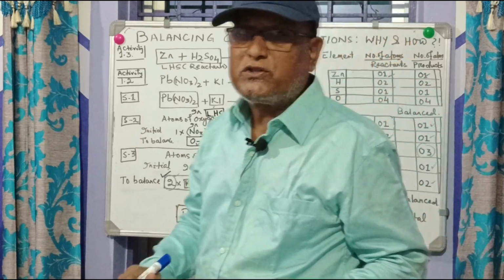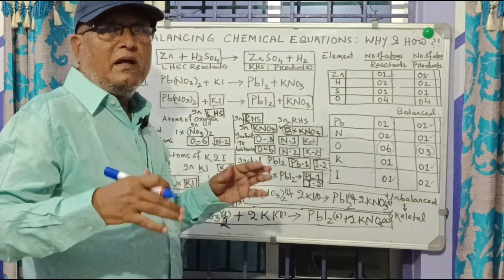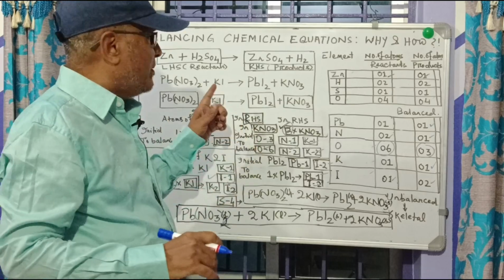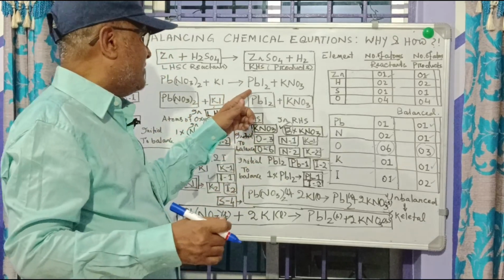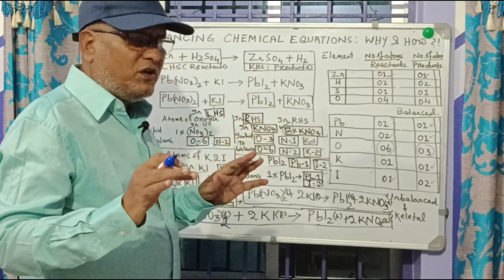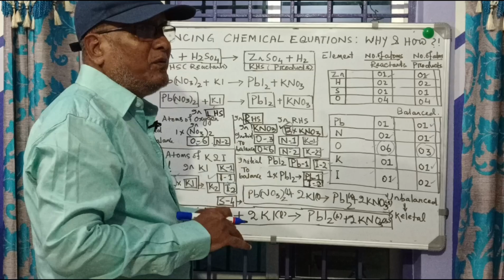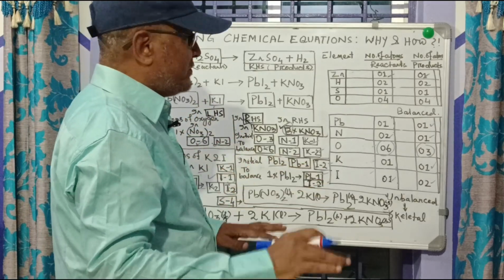We have already discussed this reaction in our last class. In this reaction, the color changes from colorless to yellow, and yellow solid precipitate is formed. So let's check whether this chemical equation is balanced or not.